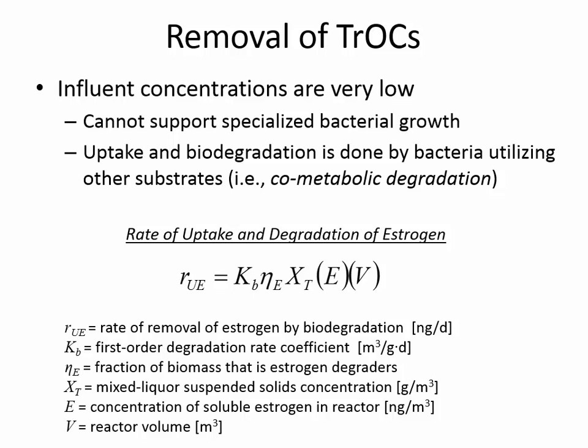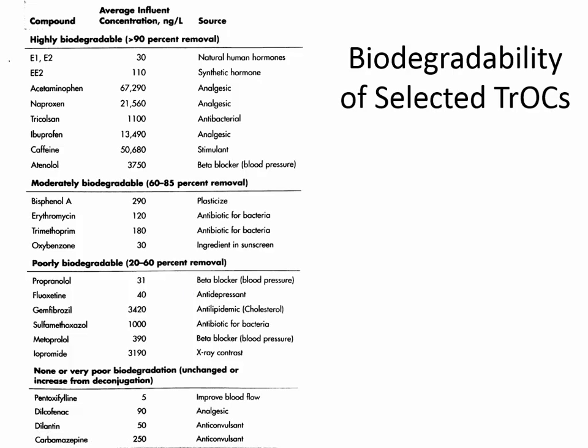So if you have the overall biomass concentration, and this N sub E is the fraction of the biomass that can degrade estrogen, but then it's also depending on the mass of estrogen that's present and the first order reaction rate coefficient. So this would be for something that actually can consume estrogen, but ordinarily the concentrations aren't high enough that there is some specific bacteria that's breaking down a certain trace organic.